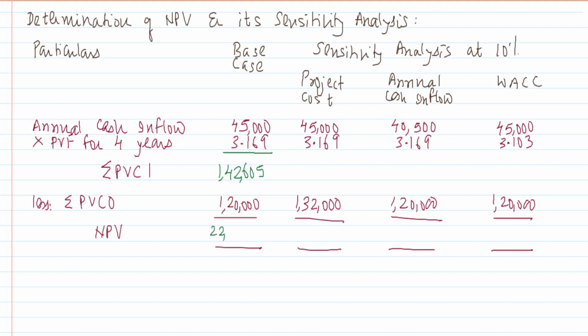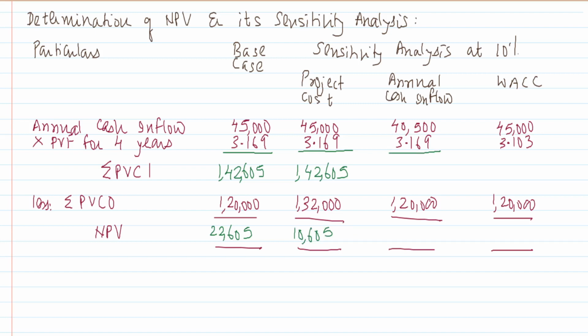It is 22,605. Great. This is again 1,42,605, so 1,42,605 minus 1,32,000. I get an NPV of 10,605.